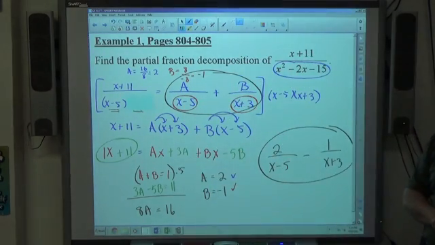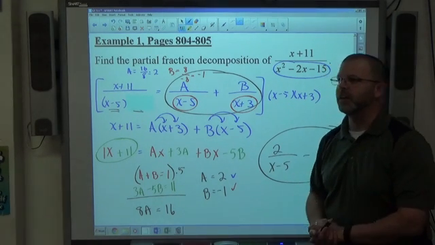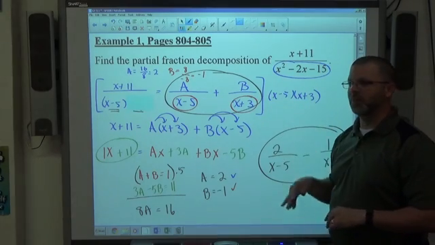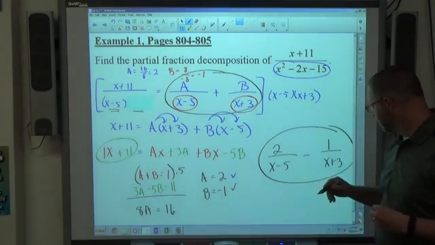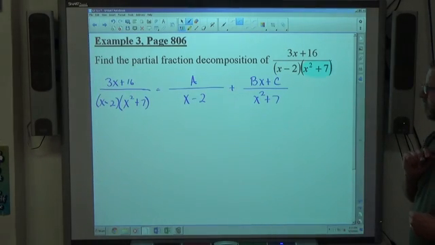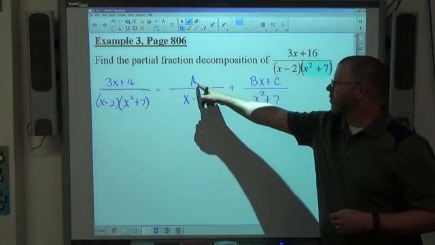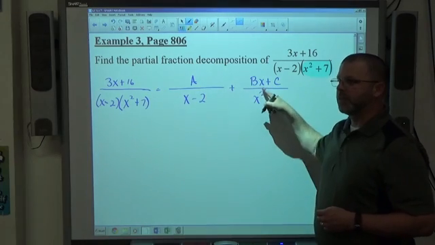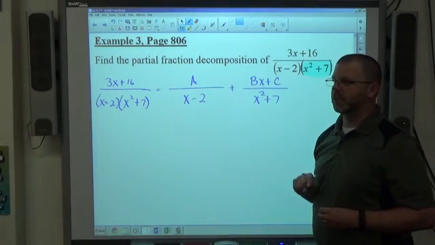There's a and b figured out. Again, I didn't want to show you that way yesterday, because then everybody's going to use that way instead of going through this whole process, which can't be avoided at times. In this case, I can use the cover-up method on this, but I can't use it on this. It only works when you have a linear factor in the denominator.